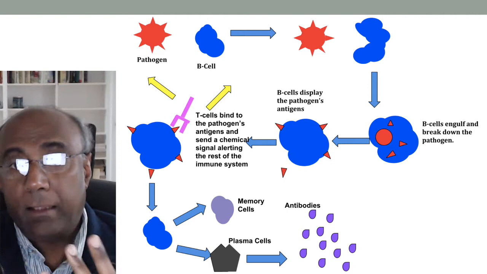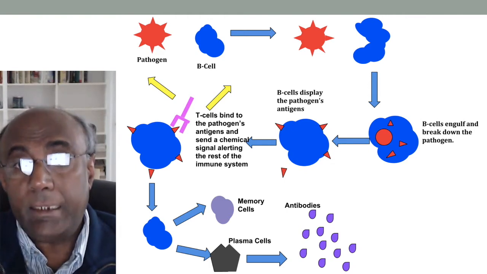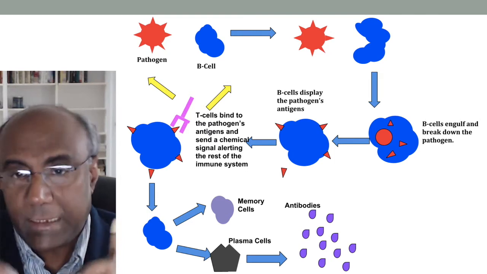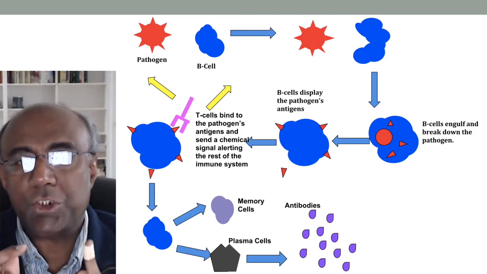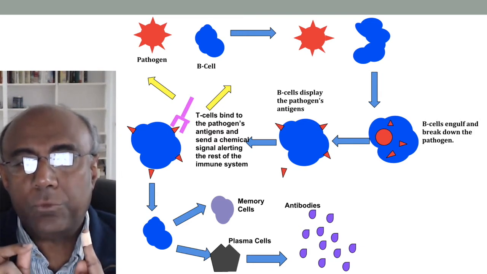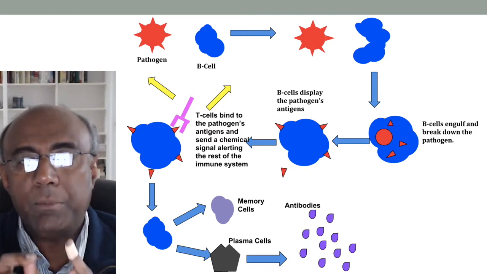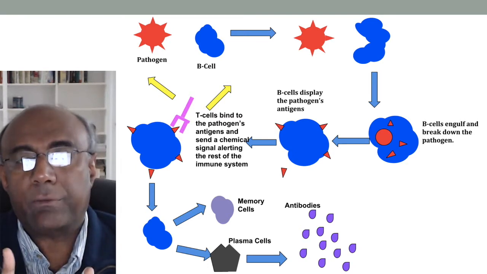So the B cell attacks it, engulfs it, and then it takes those spikes, and those spikes are important because they are called antigens. What does that mean? Those antigens are how our immune system recognizes the virus.